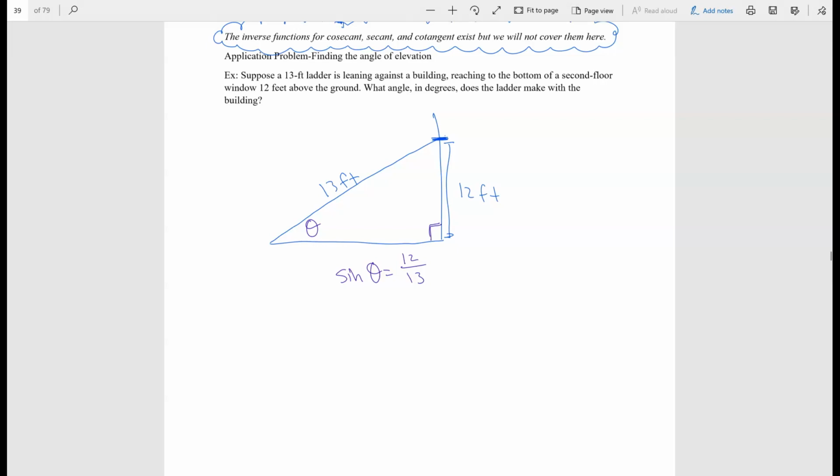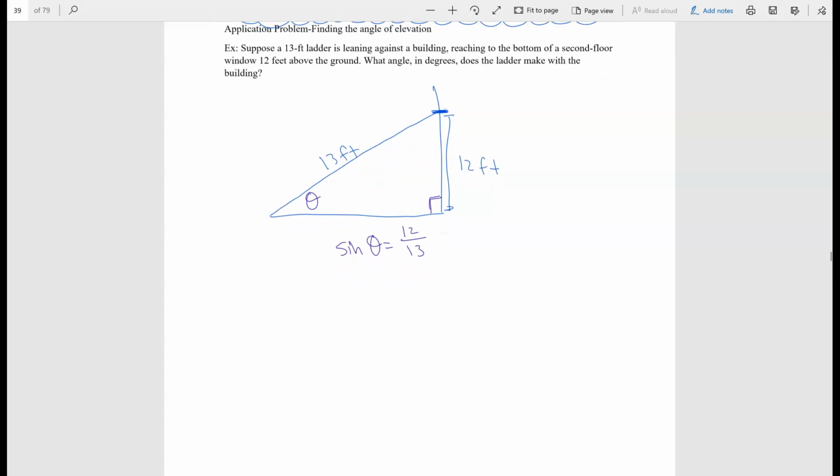Now, how am I going to find the value of theta? How do I get rid of the sine? The opposite of sine is sine inverse. So I'm going to apply sine inverse to both sides. That goes away, and theta equals sine inverse of 12 over 13.